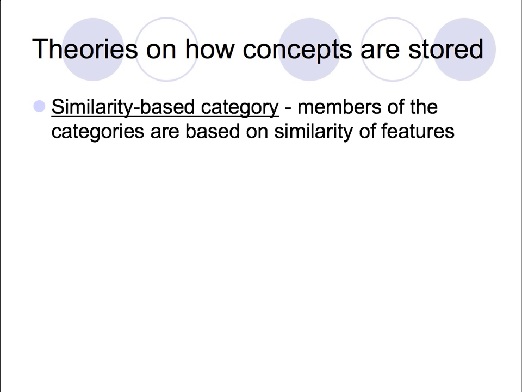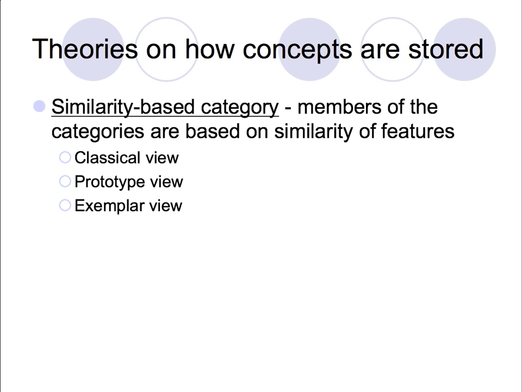Birds have multiple features that are very similar to each other: feathers, a beak, feet, and they fly. According to similarity-based category formation, that's how they're created and stored. There are multiple subdivisions. That's the classic view. There's the prototype view and the exemplar view, and we'll go over each of these in the next couple of slides.